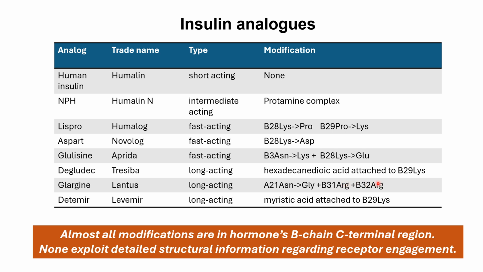Now, what these do in the case of fast-acting insulins is to try to destabilize that segment. In the case of long-acting insulins, they have various moieties attached to them that change the pharmacodynamics of insulin and its tissue distribution, and so hopefully enable it to be active in the system for longer.